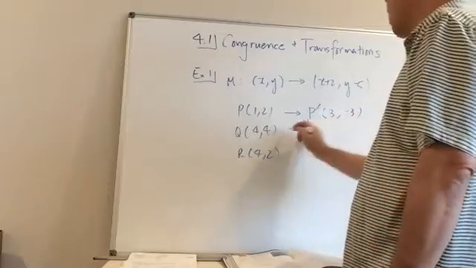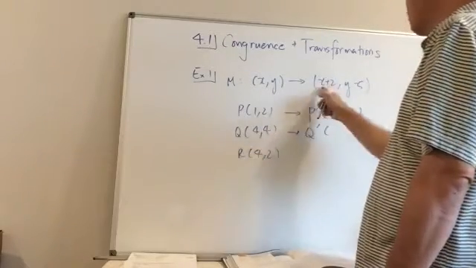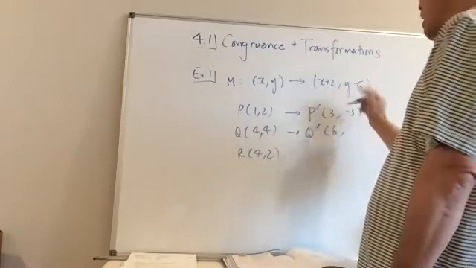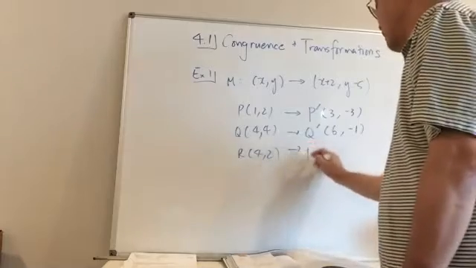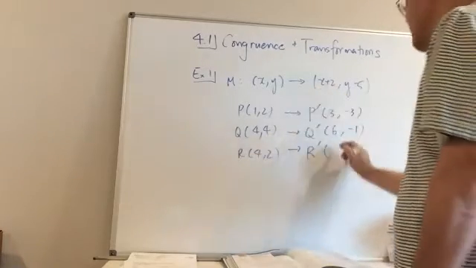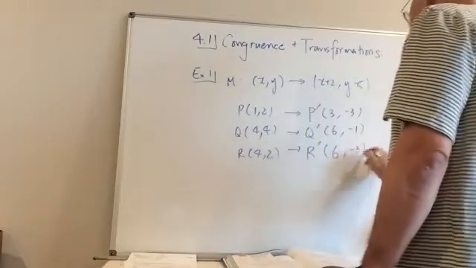So this is simple. Q prime, I put 4 in here, I get 6. I put 4 in here for Y, I get 4 minus 5, which is negative 1. And then I have R prime, which is 4. If I put 4 in here, I get 6. I put 2 in here, I get negative 3.